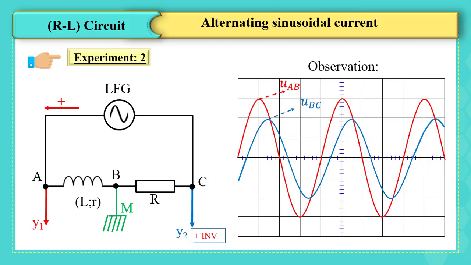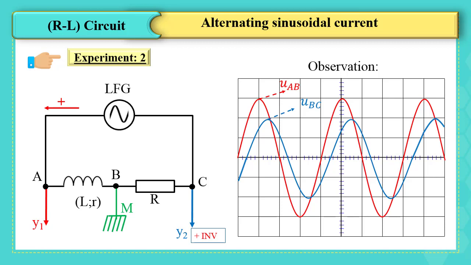So channel 2 represents the voltage across the resistor, which represents the image of i, the current that traverses the electric circuit. According to the oscillograms, the two waveforms have the same frequency and same period. Thus, they have the same angular frequency, where UAB represents the red waveform and the blue waveform represents the voltage UBC.